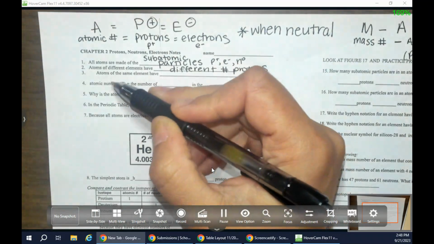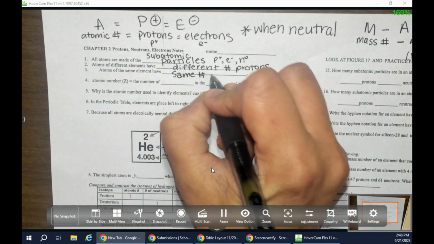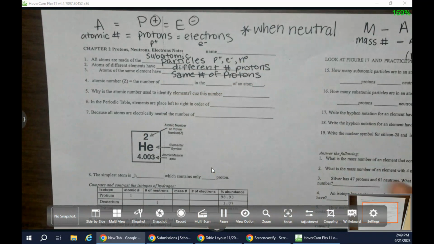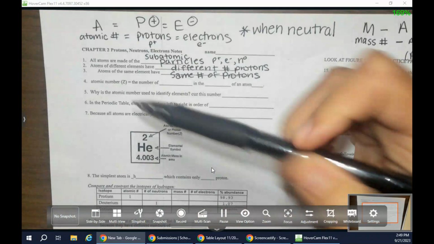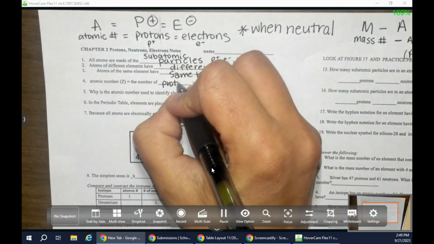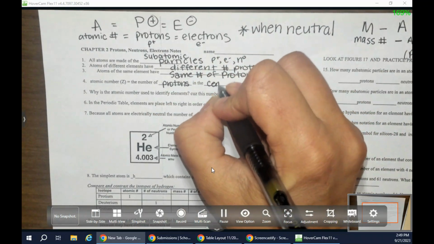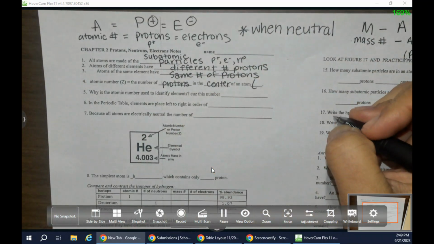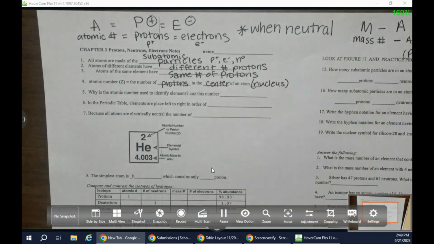So then, obviously, atoms of the same element have the same number of protons. Kind of redundant, right? Atomic number is going to be the number of protons in the center of an atom. Does anybody know what the center of an atom is also known as? A nucleus, yeah.